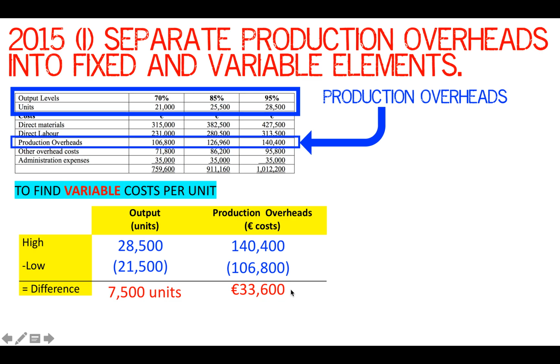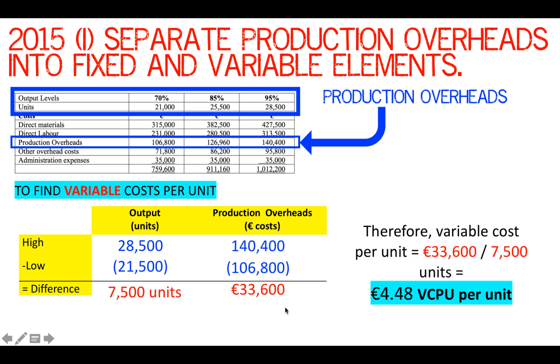So therefore, this must be variable. 33,600 divided by my number of units must be my variable cost per unit. So €4.48 is your variable cost per unit. We use the high-low method in order to find out the variable cost per unit.